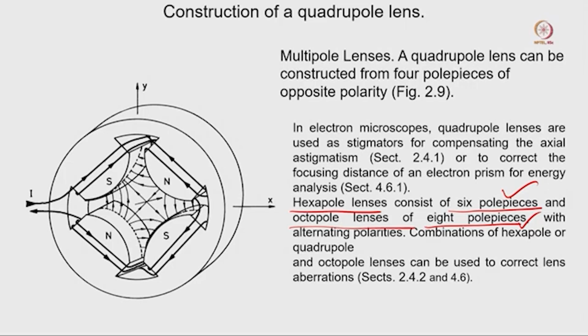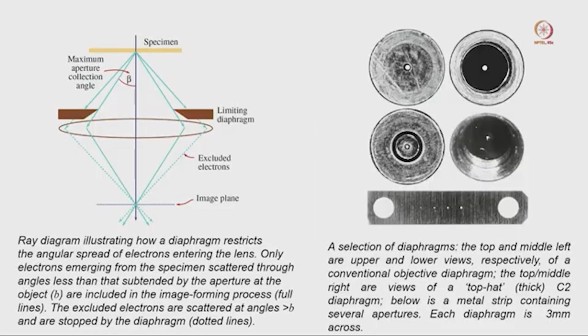So it will always be north south connected. This kind of lens system really helps to correct any kind of aberration and for other purposes also.